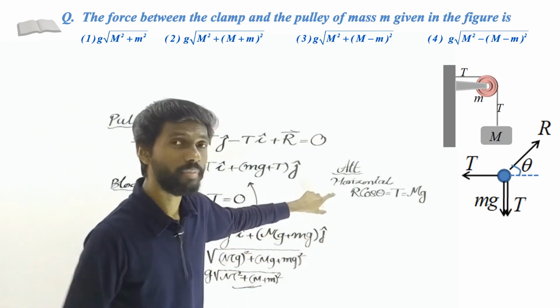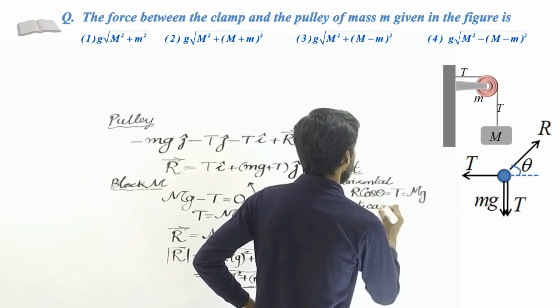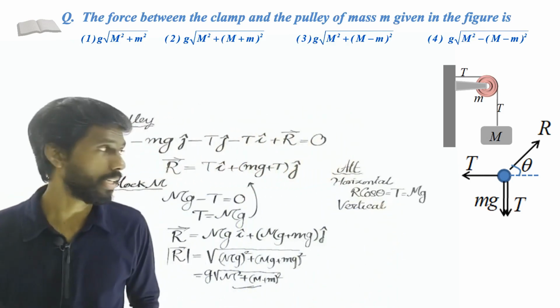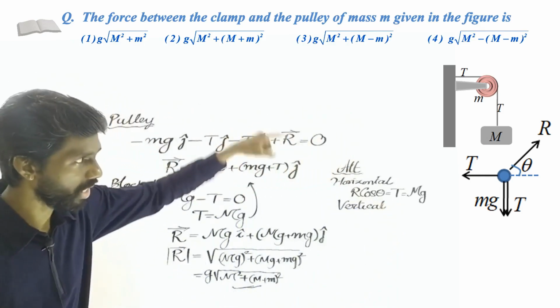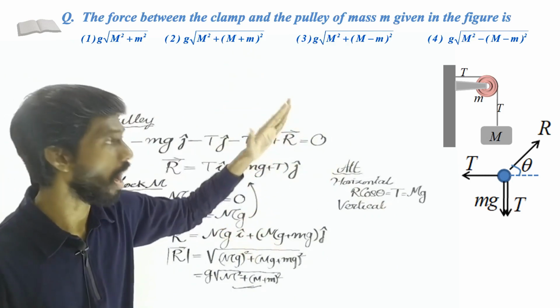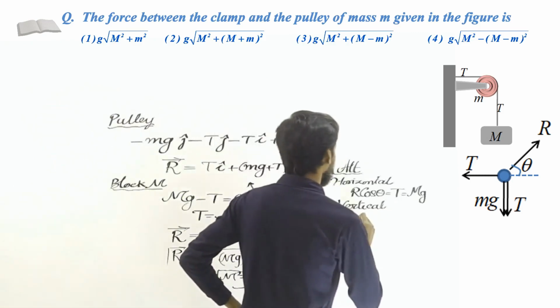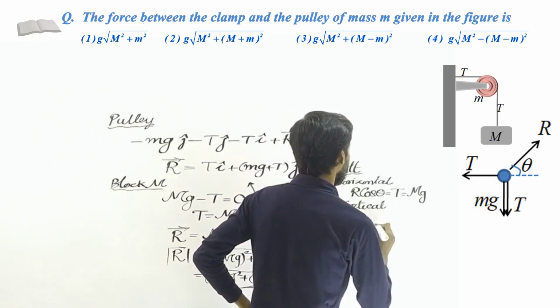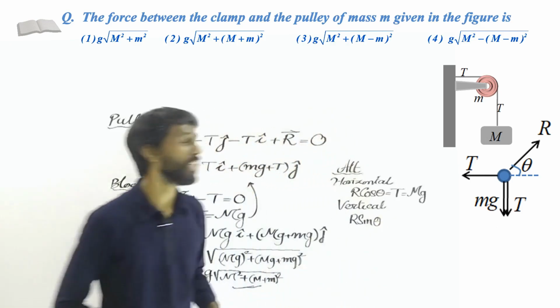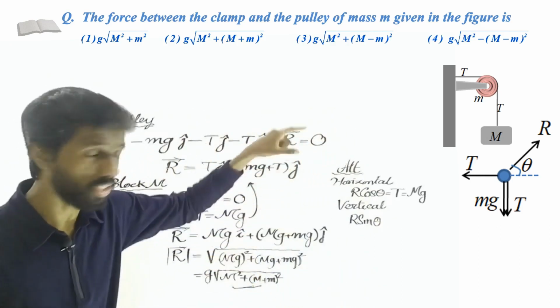Now similarly we consider the vertical direction. What are the forces acting in the vertical direction? The reaction force has the vertical component R sin theta, vertically upward. Horizontal is R cos theta, vertical is R sin theta. Similarly in the vertically downward direction we have the gravitational force mg, and also the tension in the downward direction.